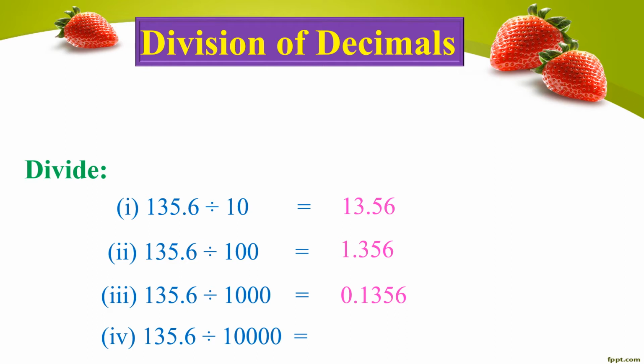You know very well that the decimal point moves to the left by the number of places equal to the number of zeros. Here there are 4 zeros, but the decimal point moves 3 steps to the left and we are before 1.